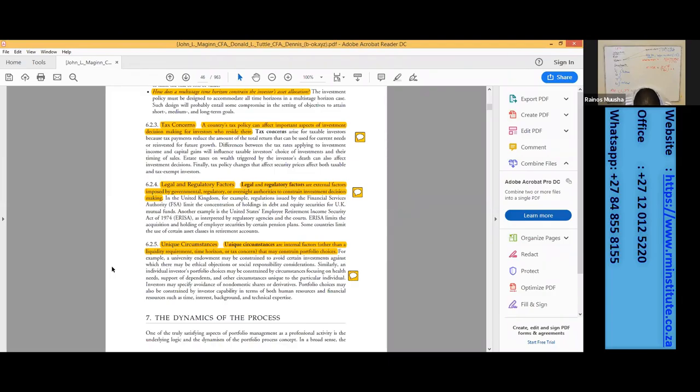Portfolio choices may also be constrained by investor capability in terms of both human resources and financial resources, such as time, interest, background, or technical expertise. So those are some of the open-ended issues that can also form part of unique circumstances, which means that the whole idea of you being able to identify that it's a unique circumstance is that it's something that is unique to that particular investor.